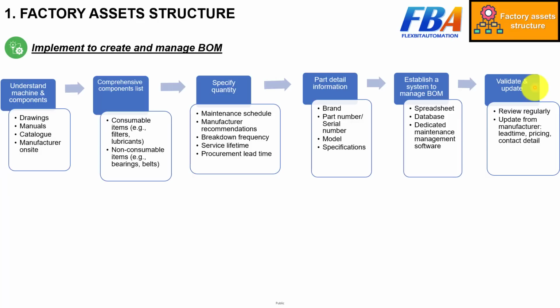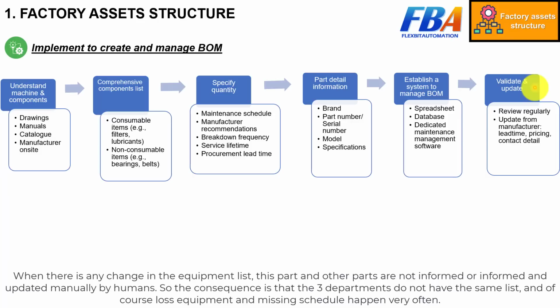So the consequence is that the 3 departments do not have the same list. And of course, the loss or missing of equipment and missing maintenance schedules happen very often.